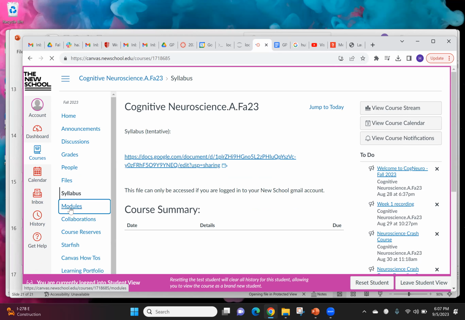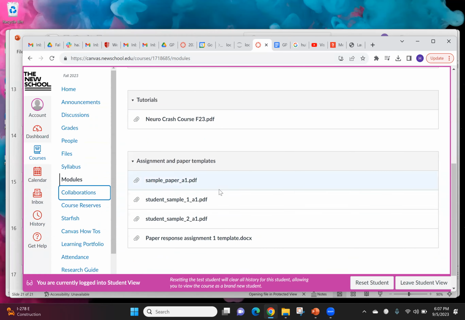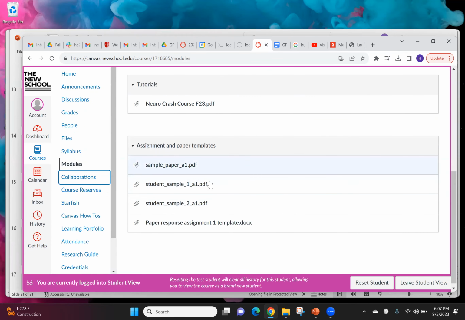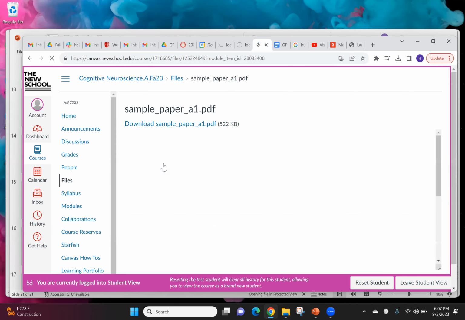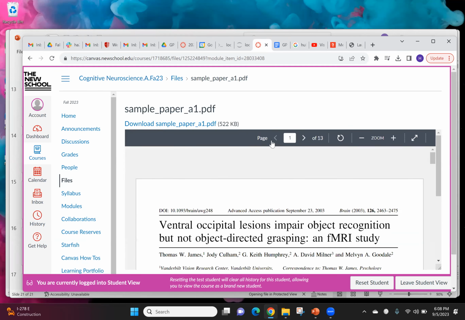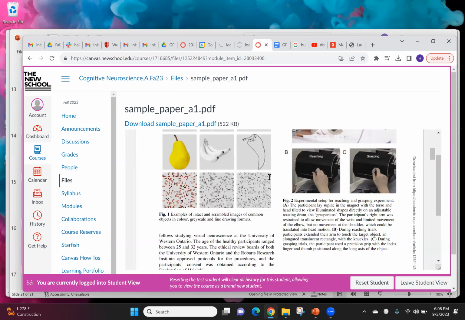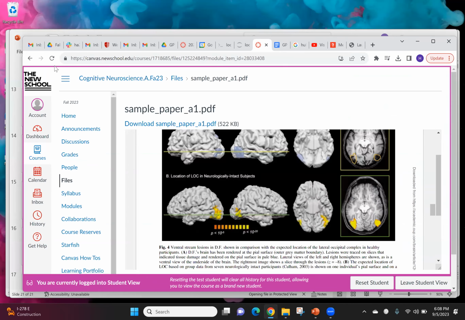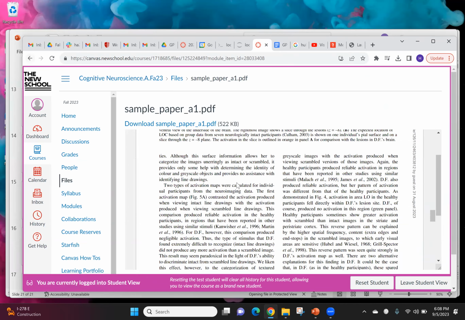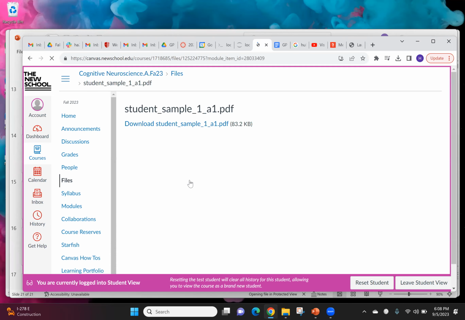We go to modules, and here you see that I have something called assignments and paper templates. This is a paper that was assigned last year. If you're interested, you could take a look at it. It's a nice paper. I also have included 2 sample assignments from students that we thought were good.